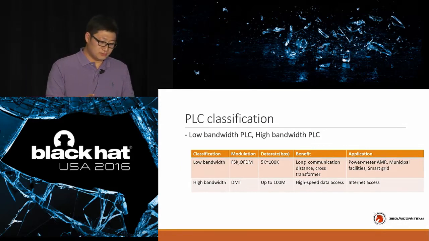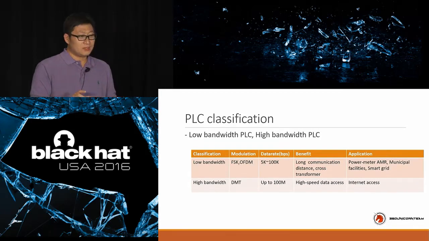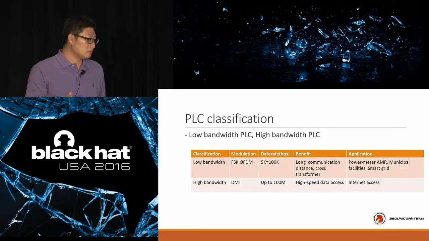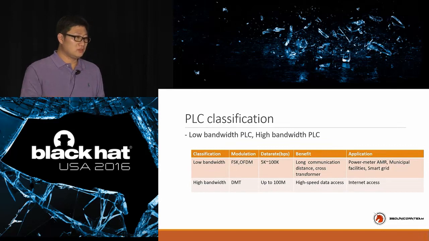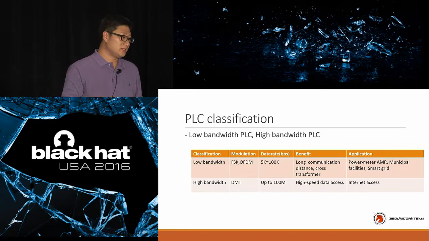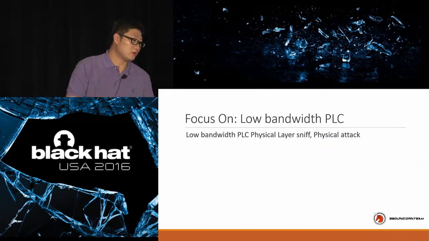Narrowband PLC uses FSK or OFDM modulation. The data rate is less than 100 kbps, but the communication distance is longer, and it can also transfer across the transformer. So it is used for power line AMR systems and city facility systems. For my topic, I will focus on narrowband PLC.